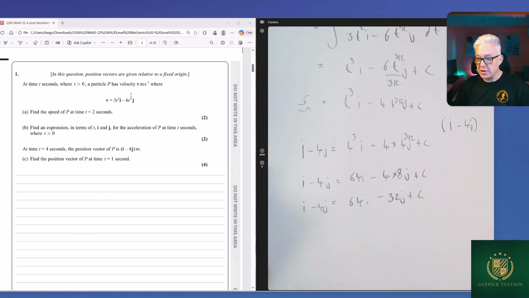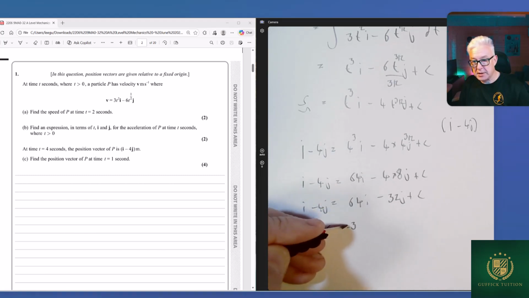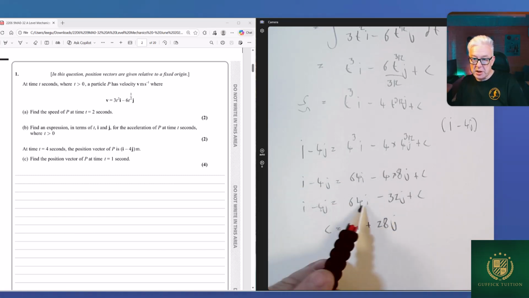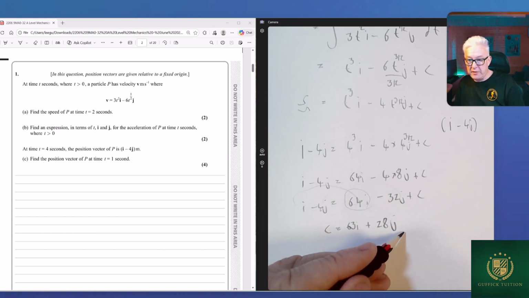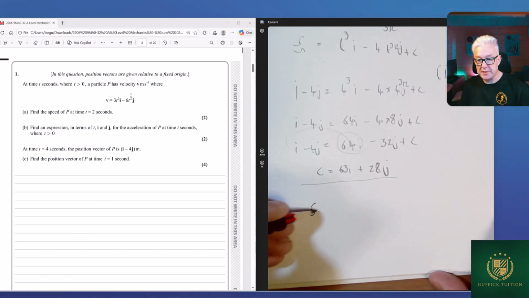So now we can just rearrange this whole thing in order to make c the subject. Okay, so when we rearrange this, let's have a little think about this. We're going to say that c is going to equal minus 63i plus 28j. So that just comes from taking that over to that side and adding that over to that side. Okay, so we've now found out what our c is. So now that we know what c is, we've got our particular equation for s, the displacement.